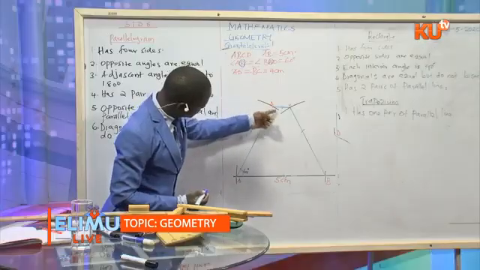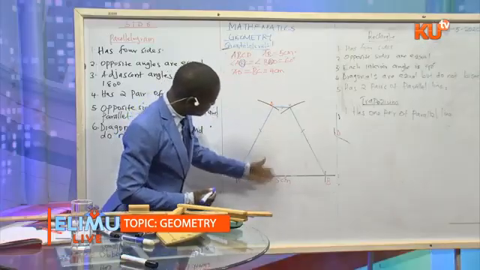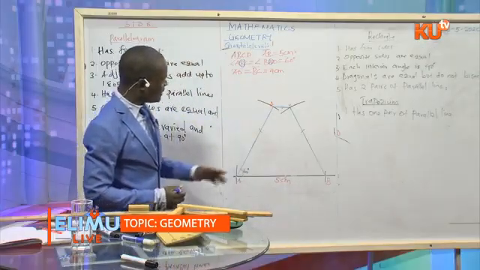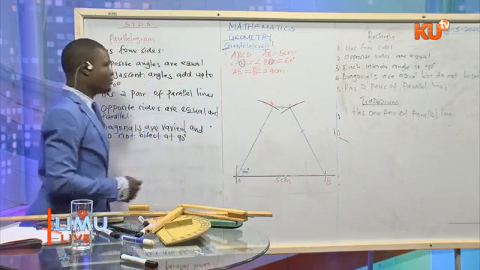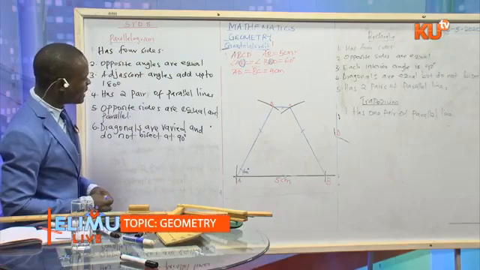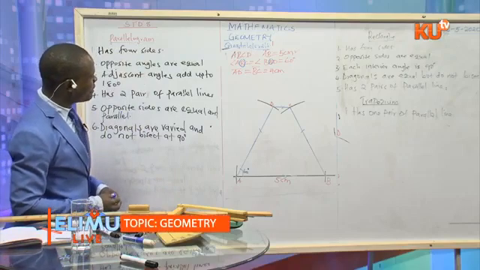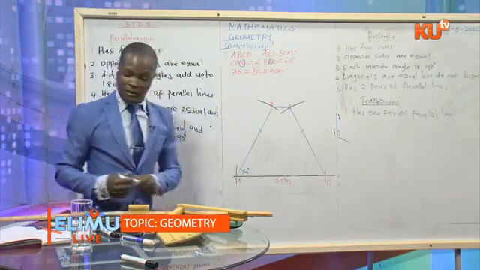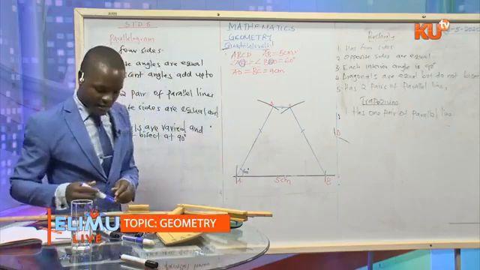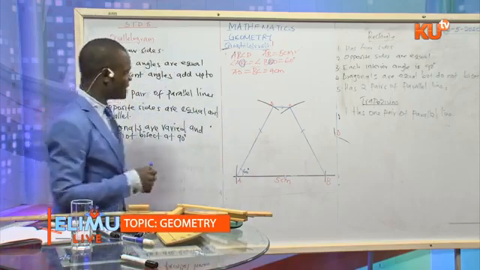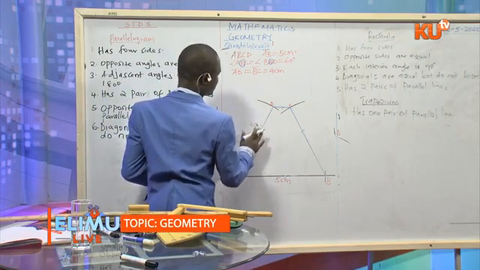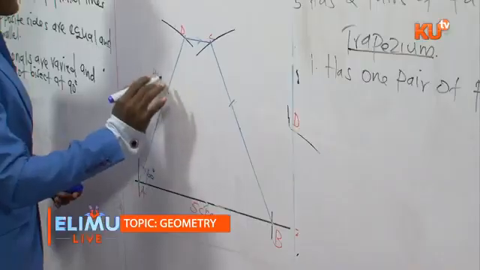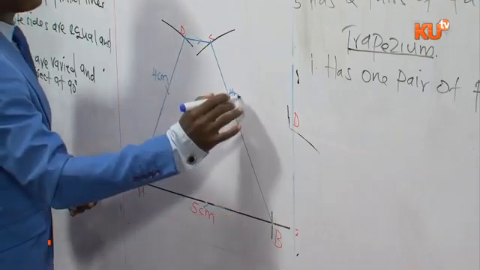If you look at this line here and this line here, they are parallel to one another. That means this is the only pair of parallel lines that we have. So that is basically how you can draw an isosceles trapezium, because this is 4 centimeters, and this is also 4 centimeters.